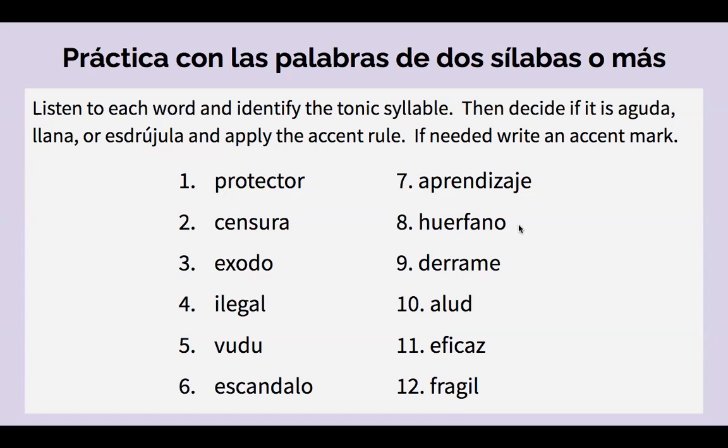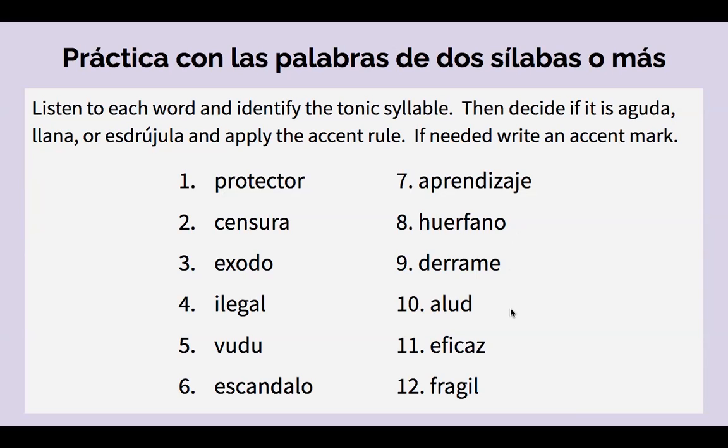Número 8, huérfano. Huérfano. Número 9, derrame. Derrame. Número 10, alud.